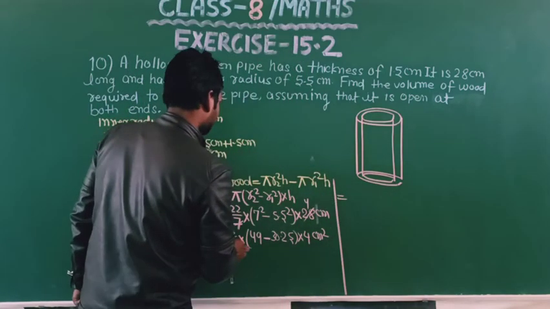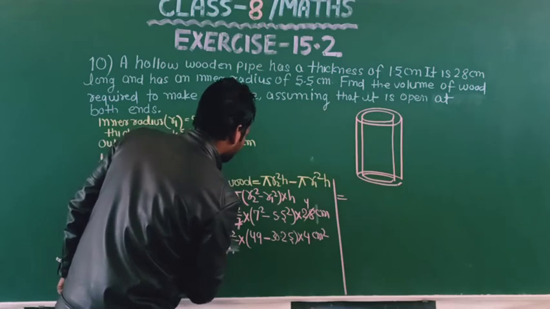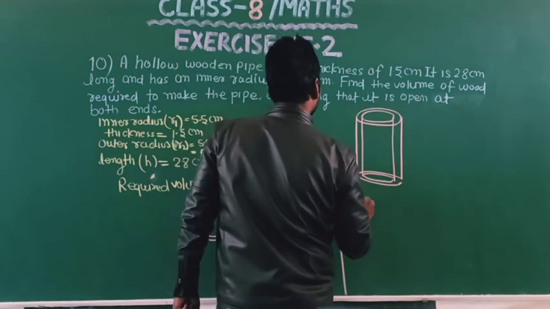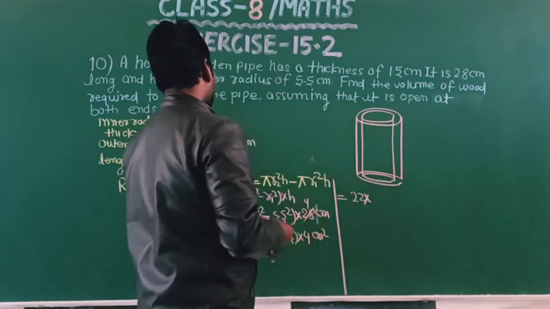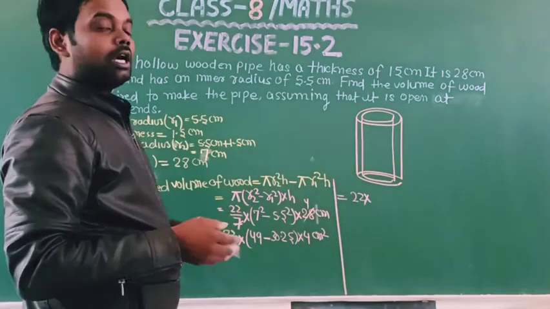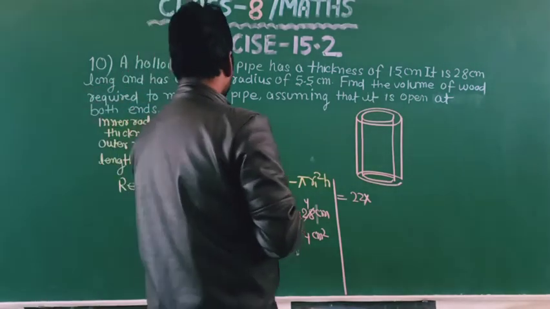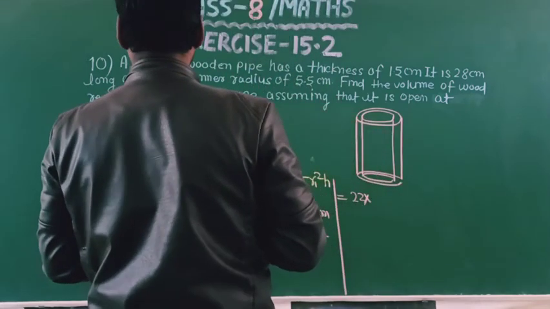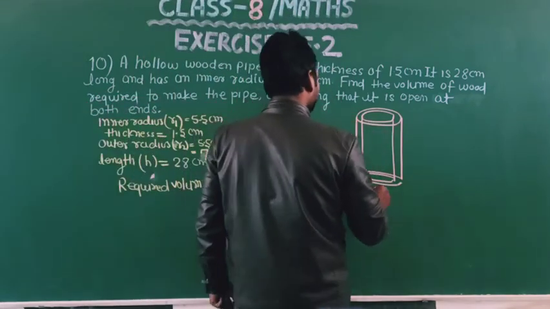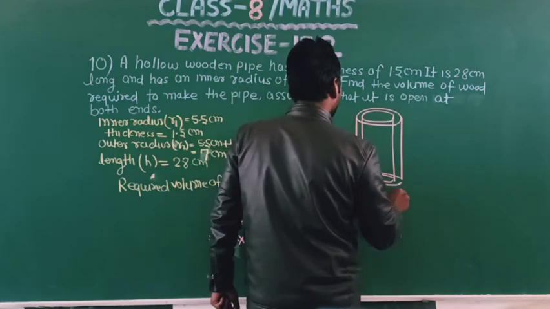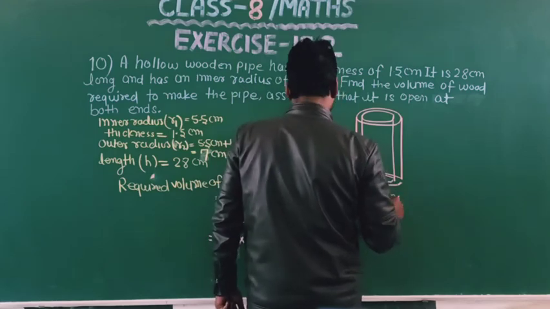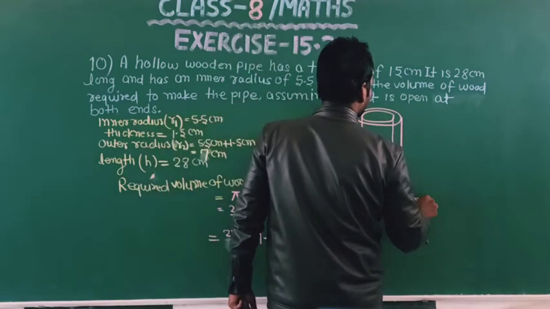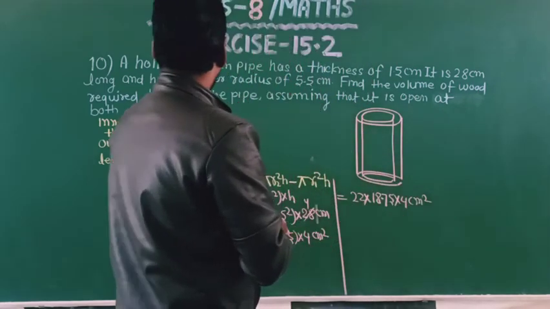Here the 7 cancels with 28, leaving 22 into 4. Now multiply 22 into 49 minus 30.25, so 49 minus 30.25 gives 18.75, and into 4 centimeter square.